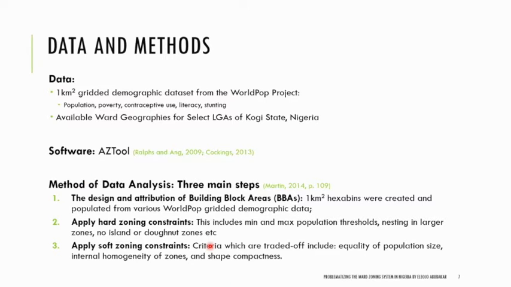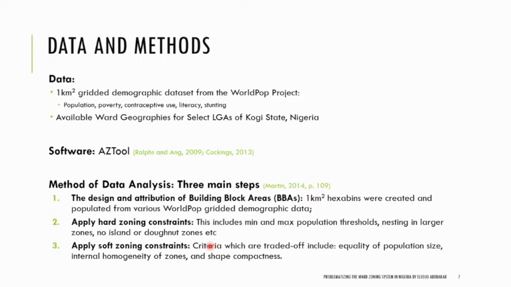And so the steps I followed are the standard steps. The first thing is you have to design building block areas, which are the basic units that get aggregated. So you design them and you provide attributes for them as well. Then you specify hard zoning constraints, which are like minimum and maximum population thresholds, and whether they should be nested within larger zones and those kinds of things.